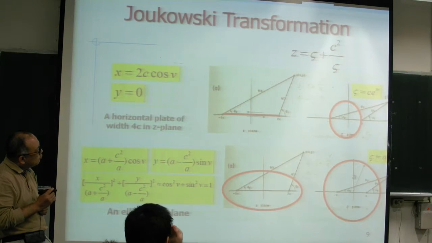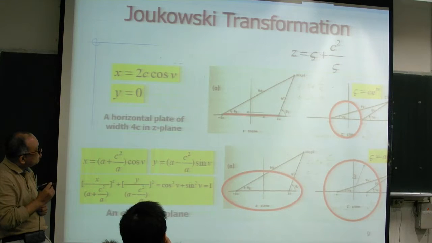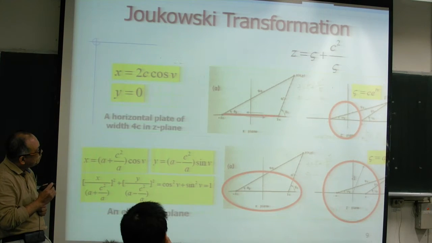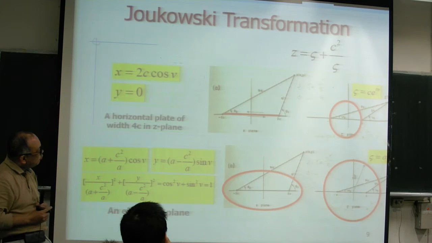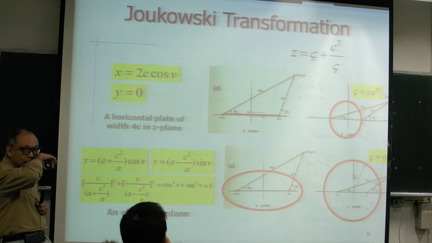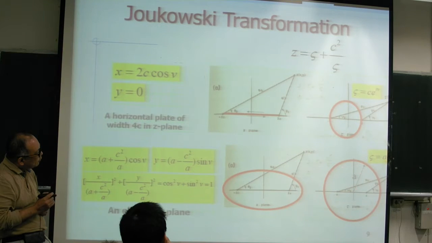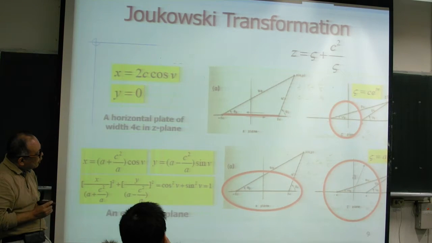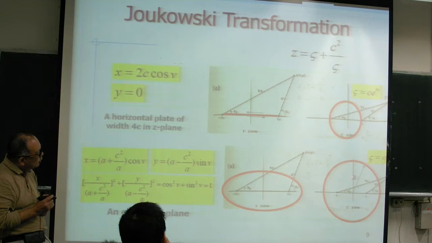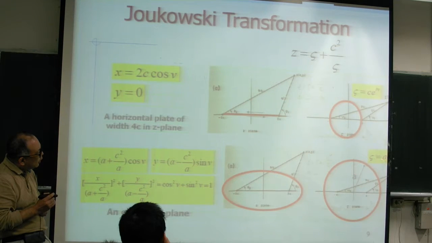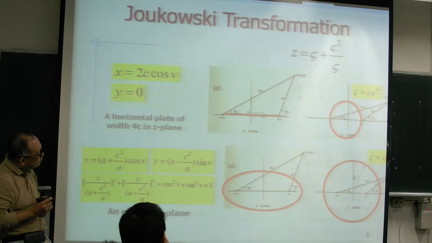Through this Joukowski transformation, we transform it to the flat plate. That we already demonstrated. And the second thing here is if we have a circle with a radius a, and this a is greater than c. a from here to here is a, and c is from here to here.